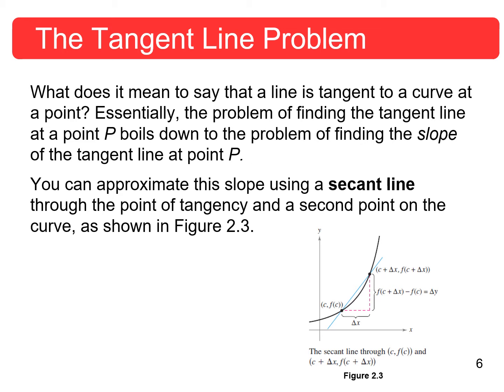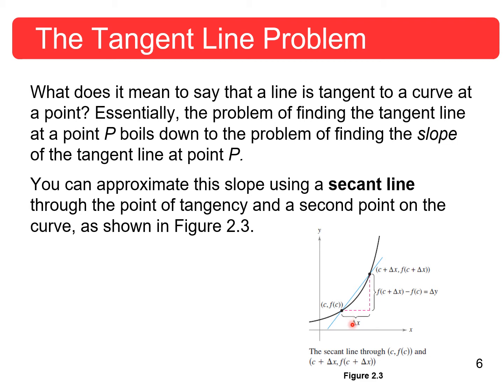Essentially, the problem of finding the tangent line at a point P boils down to the problem of finding the slope of the tangent line at point P. You can approximate this slope by using a secant line through the point of tangency and another point on the curve.